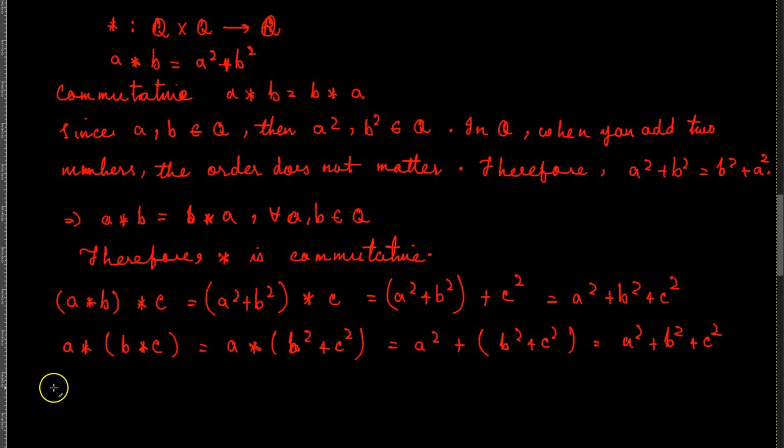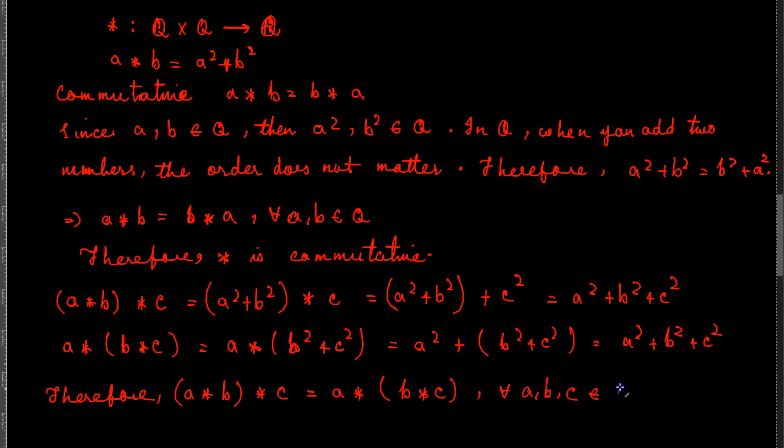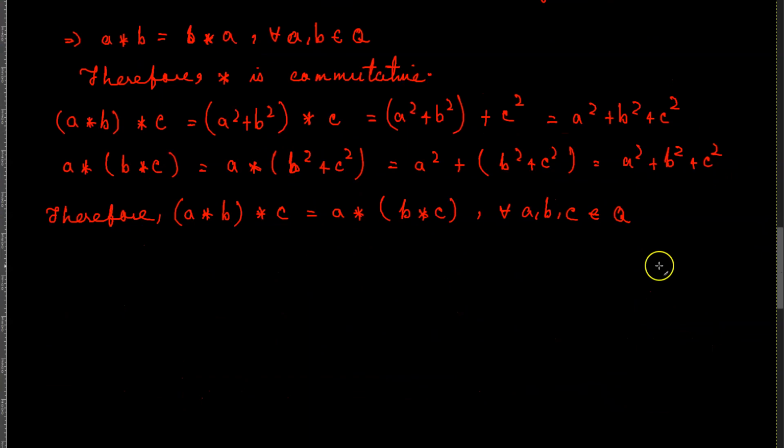Therefore a star b star c is the same thing as a star b star c for all a, b, and c belonging to the set of rational numbers, and therefore star is associative.